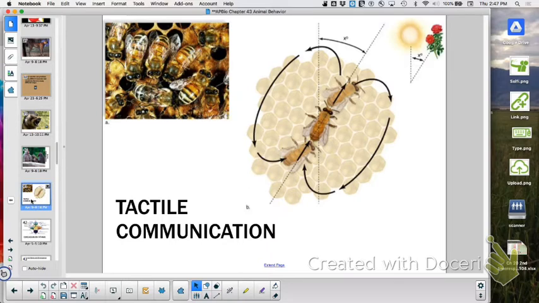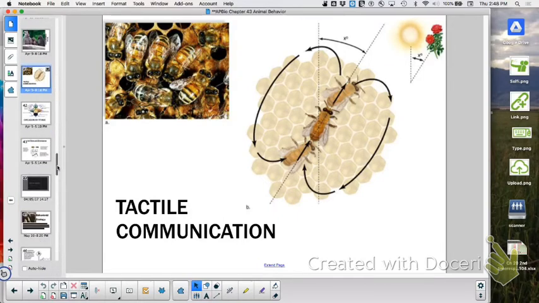If you're doing your waggles down the hive, that would mean when you go out of the hive, fly what? Away from the sun. Then how far you fly is communicated by the number of waggles, and that's species specific. Okay? And that is tactile communication.